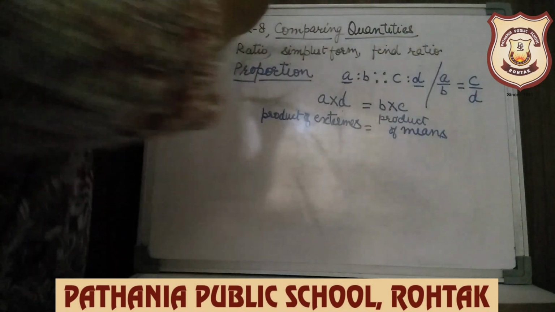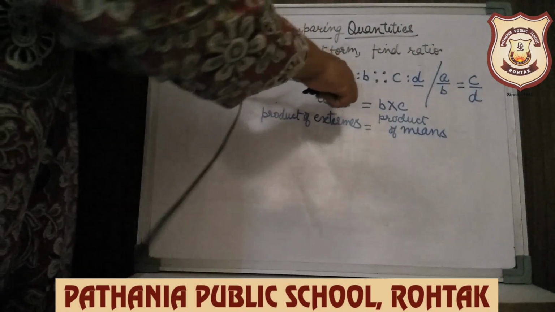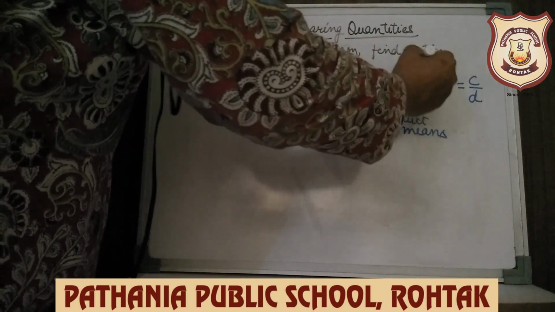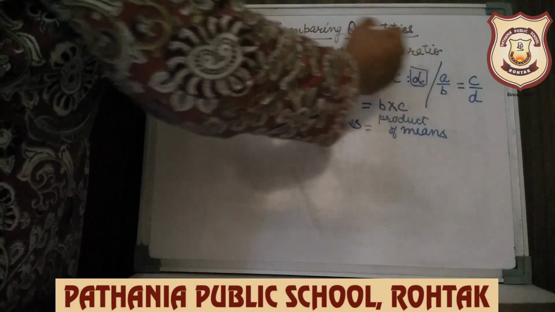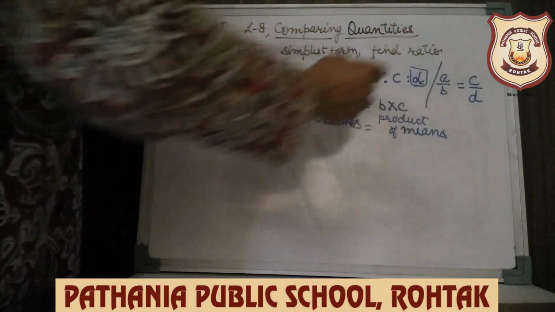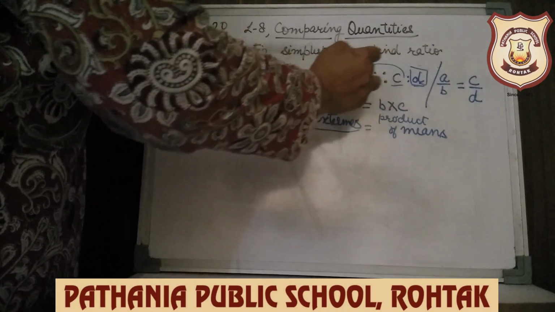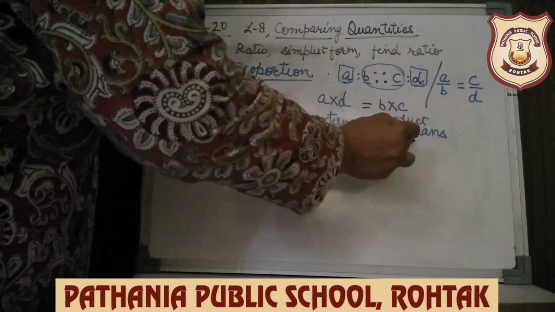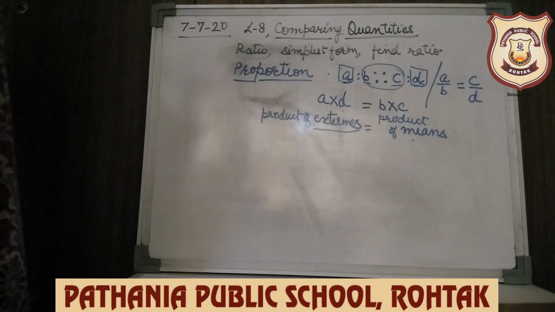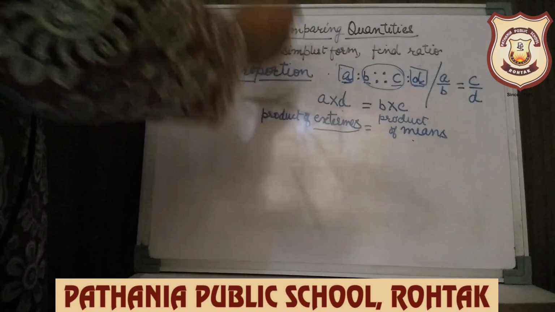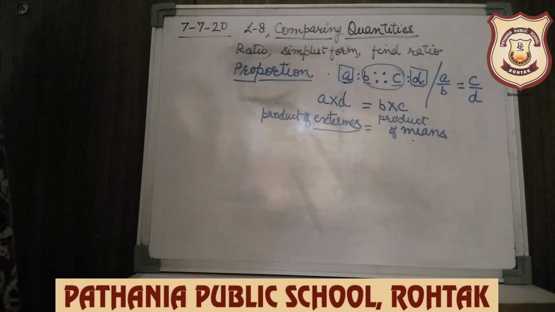means. Is this clear? The ones written outside, at both ends, the starting and the ending, will give the product of extremes, and the middle ones, which are in the center, they give the product of means. And if both their products are equal, then the ratios are said to be in proportion, otherwise they are not in proportion.